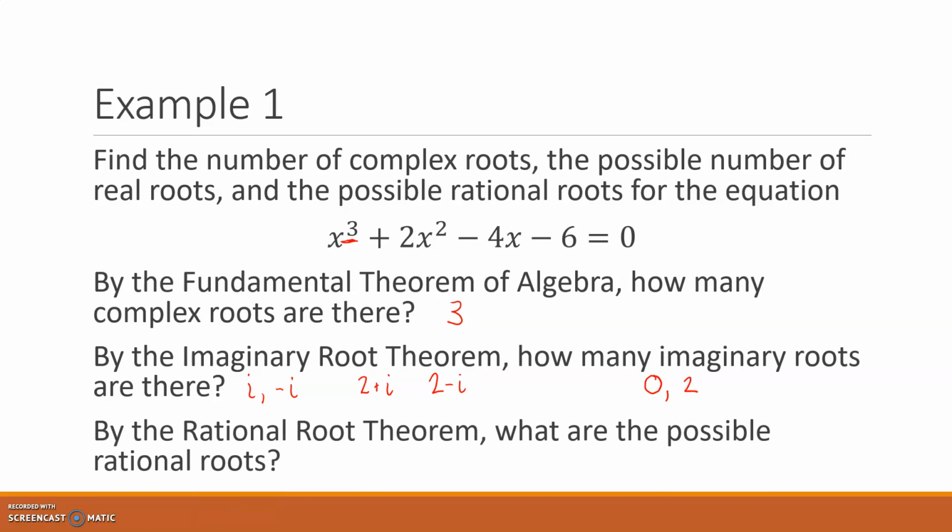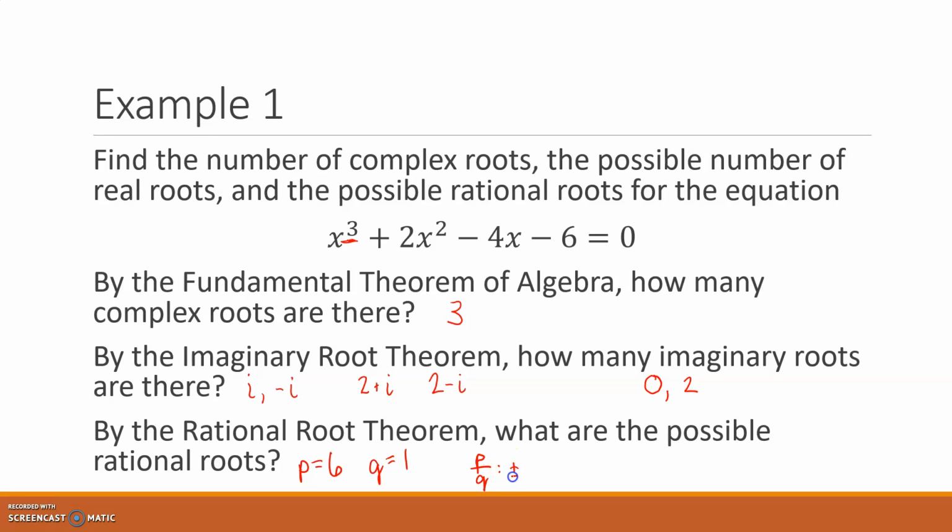And then finally, by the rational root theorem, what are the possible rational roots? This is the one that we looked at with the values of p and q. So what are your values of p and q here? p is equal to 6 because it's the last number, and q is equal to 1. So when I write p over q, I'm going to put all the factors, and I have to write them as positive and negative.